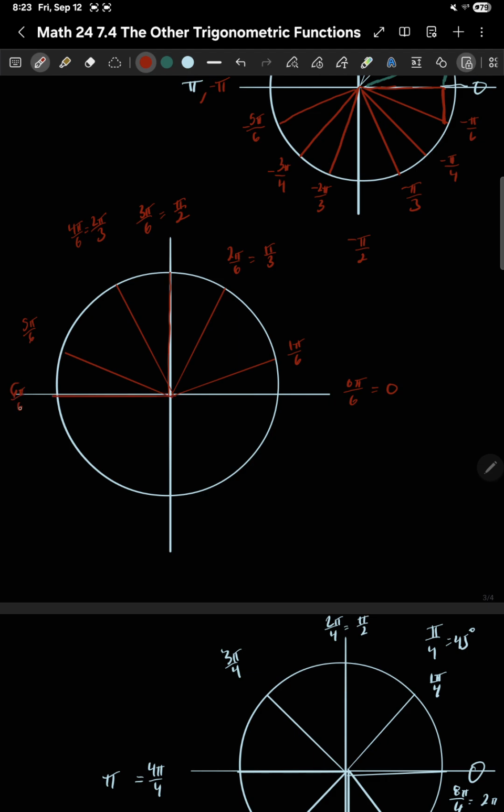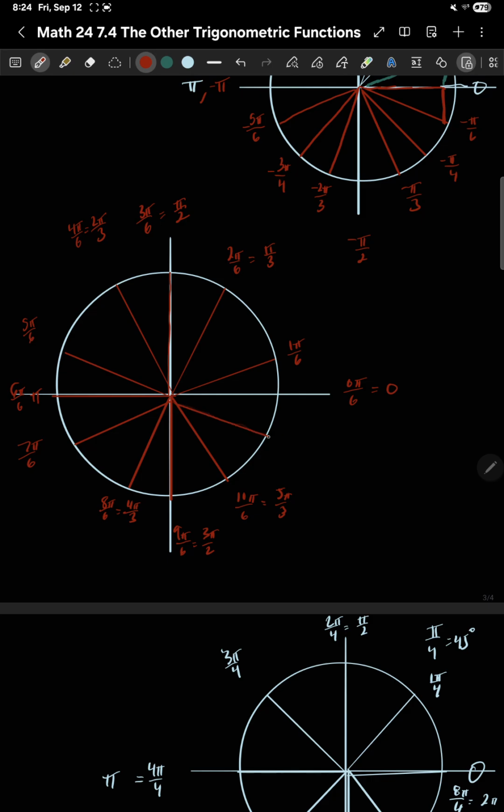6 pi over 6, or just pi. 7 pi over 6. Skip the middle. 8 pi over 6, or 4 pi over 3. 9 pi over 6, or dividing by 3, 3 pi over 2. 10 pi over 6, or dividing by 2, 5 pi over 3.